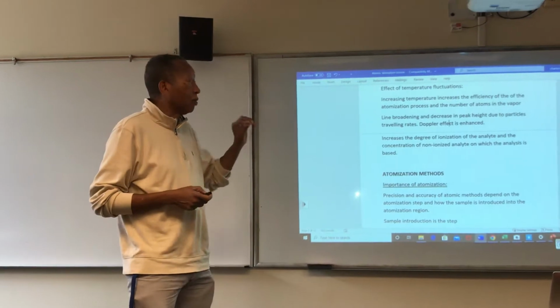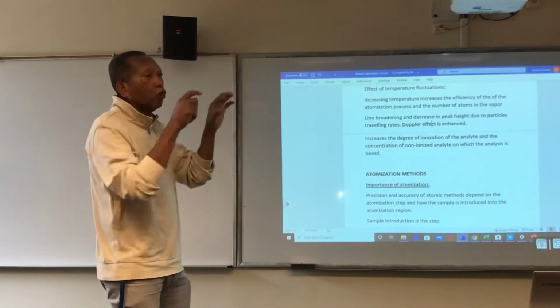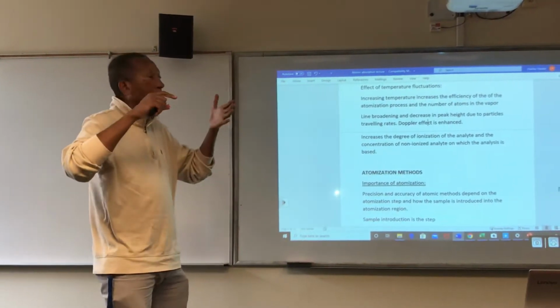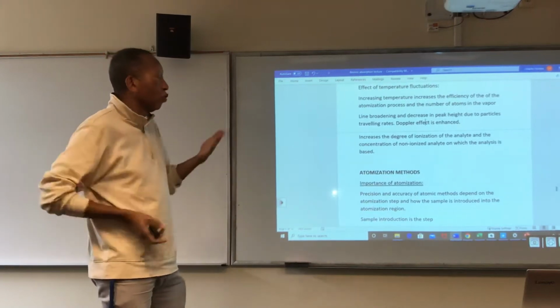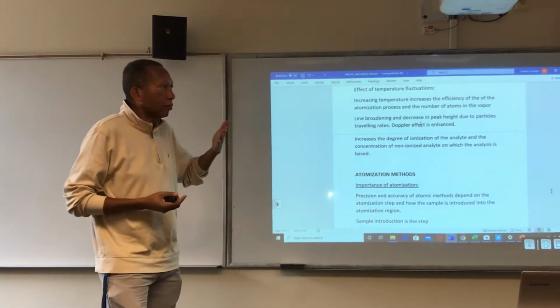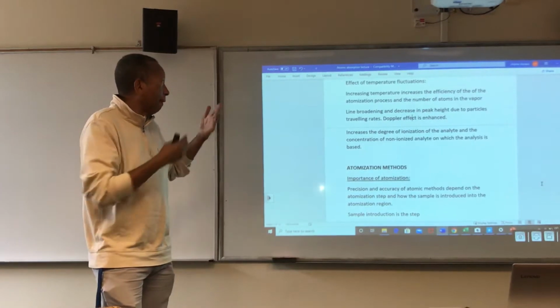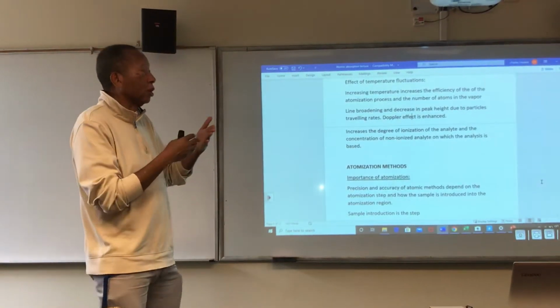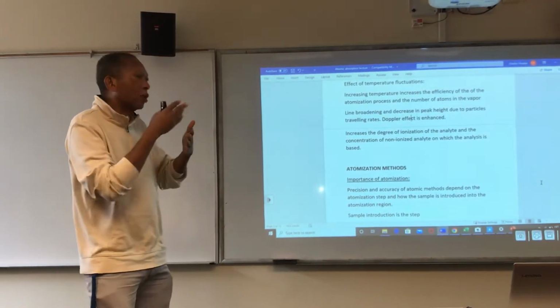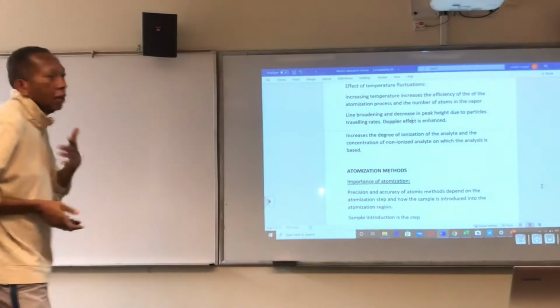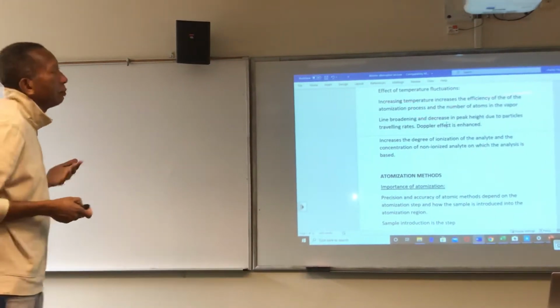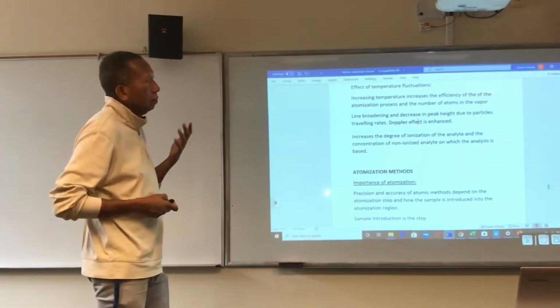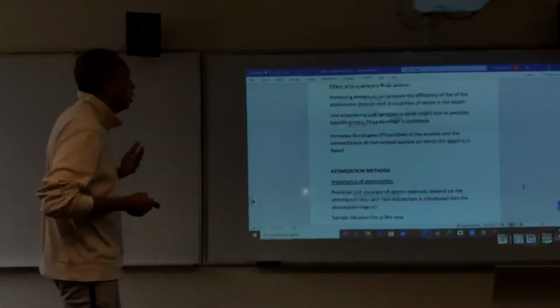And if the number of atoms in the vapor changes, that's the equivalent to using a bigger cuvette, because now the light, as it passes through the flame, or whichever atomization technique you're using, the concentration of analyte changes. So therefore you get an error, or you get fluctuations in the reading.